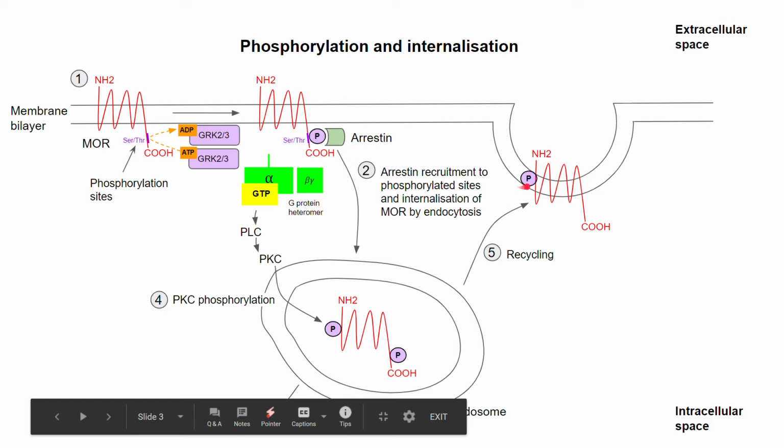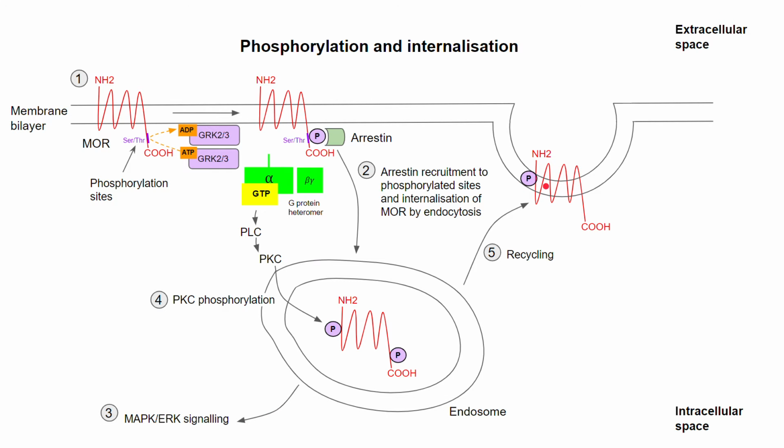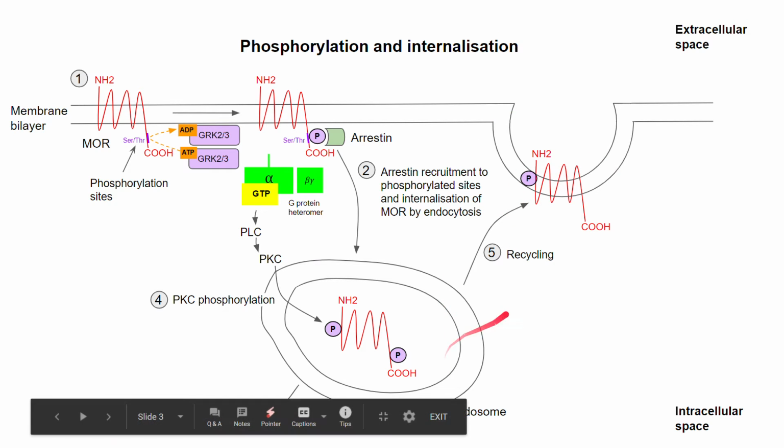But you will notice there is still some phosphorylation, so that kind of goes to demonstrate that mu-opioid receptors have a kind of cellular memory, if you like. So a naive receptor, which has never been exposed to opioids, will not respond in the same way as a receptor from a morphine-exposed mouse, for example. And that's due to these phosphorylation patterns, because some of the phosphorylation will remain even after recycling.